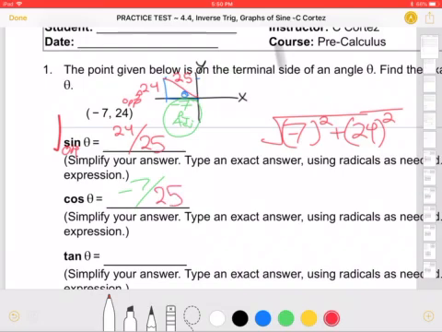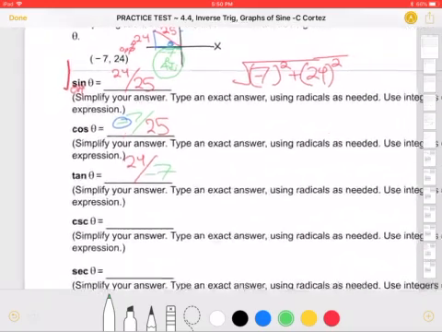Key thing here is that you have to keep any negative signs that come up. Tan ain't too bad, that's opposite, which is 24, over our adjacent, which is -7. And recall that this does not use the hypotenuse, so that's okay.